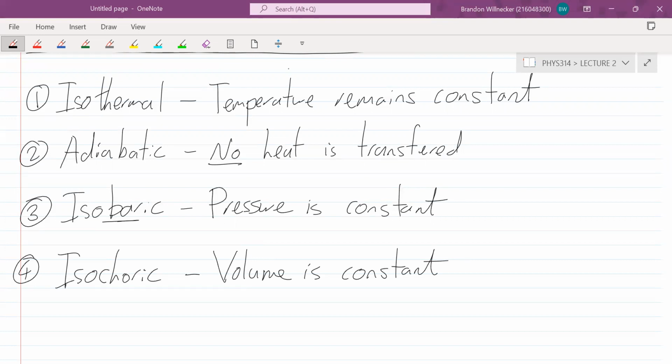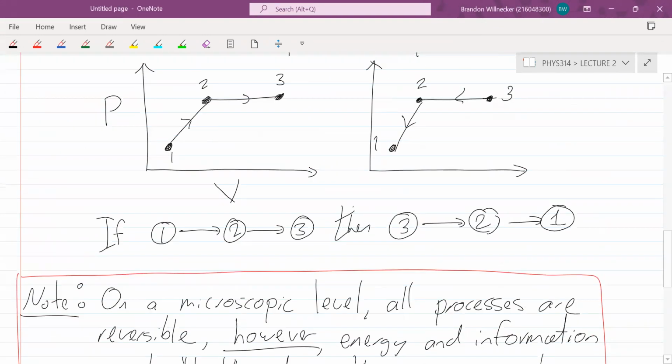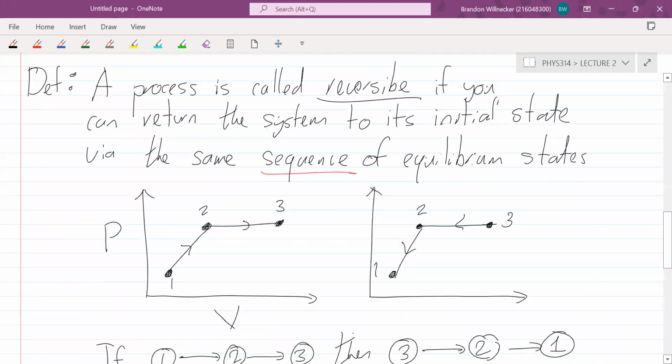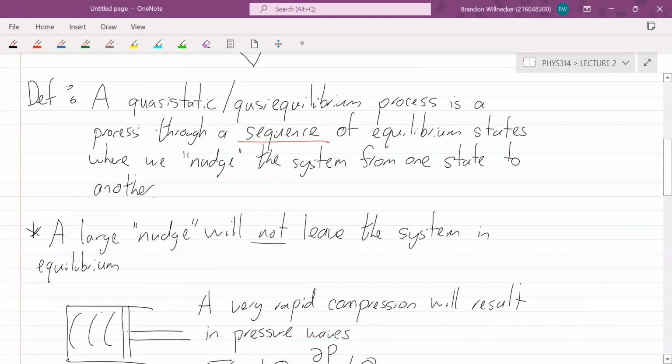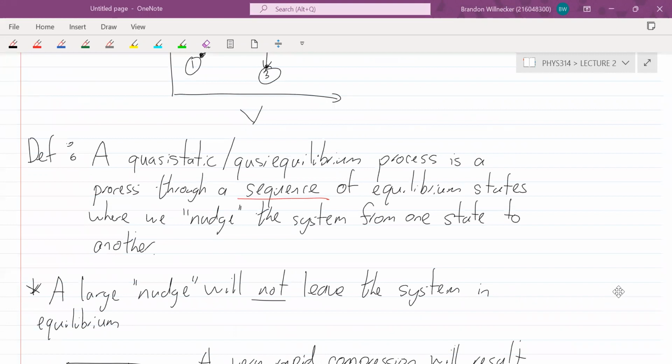Okay, I've got a question here. In the notes it says irreversible process must be quasi-static. Okay, so the idea of reversible and irreversible is different to quasi-static. If we look back at our definition, quasi-static just means that the process is a sequence of equilibrium states.